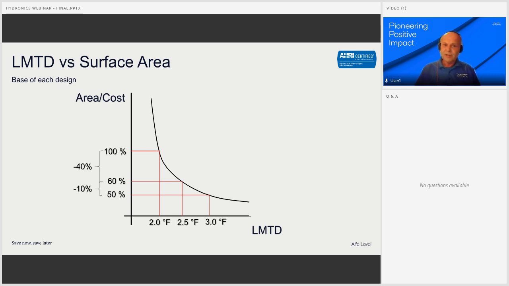If you take it further, even to 3 Fahrenheit, you save another 10% in your surface. So the driver of heat recovery is the temperature approach you define. The more efficient, the higher the investment cost of a plate heat exchanger. And of course, everything under the wings of an AHRI certification.